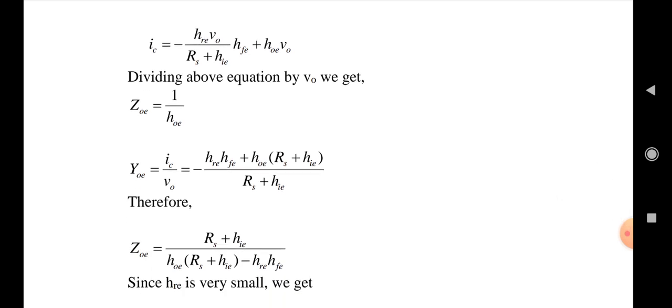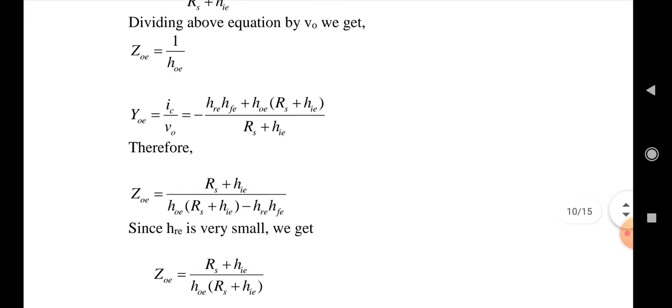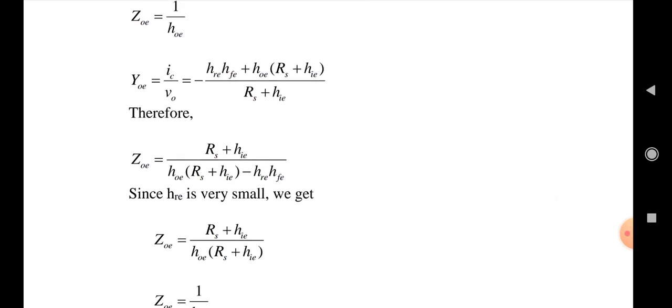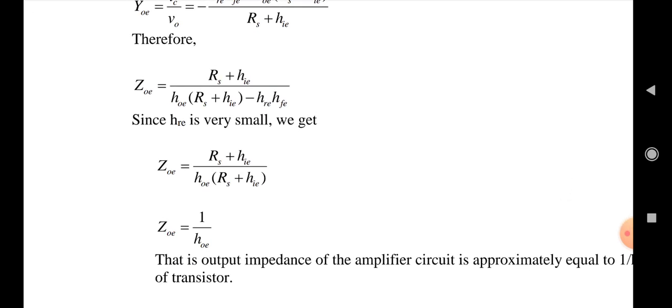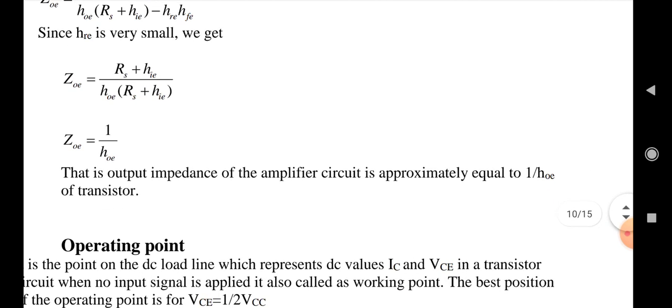It means that Z_oe is equal to R_s plus h_ie upon h_oe in bracket R_s plus h_ie minus h_re h_fe. h_re, means reverse voltage ratio, is very small, means Z_oe is equal to R_s plus h_ie upon h_oe in bracket R_s plus h_ie, means Z_oe is equal to 1 upon h_oe. That is, the output impedance of the amplifier circuit is approximately equal to 1 upon h_oe of the transistor.